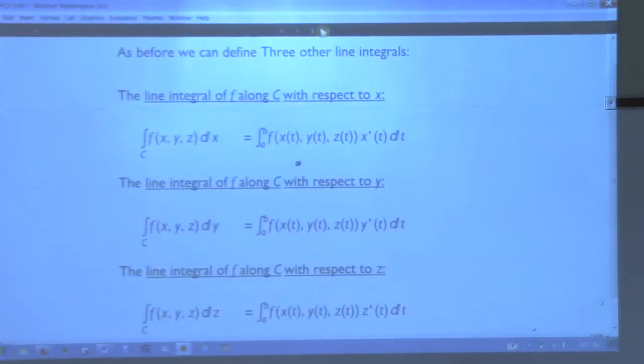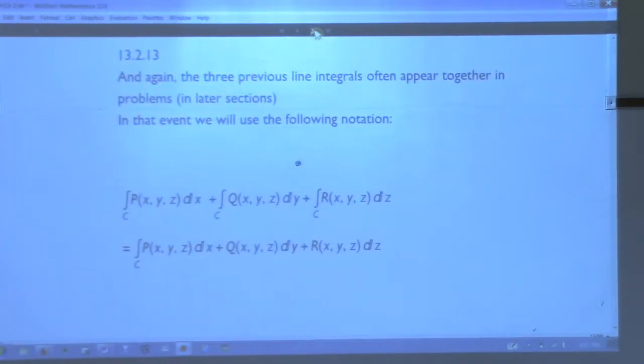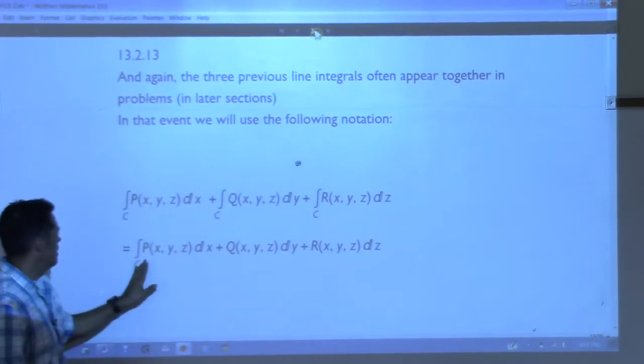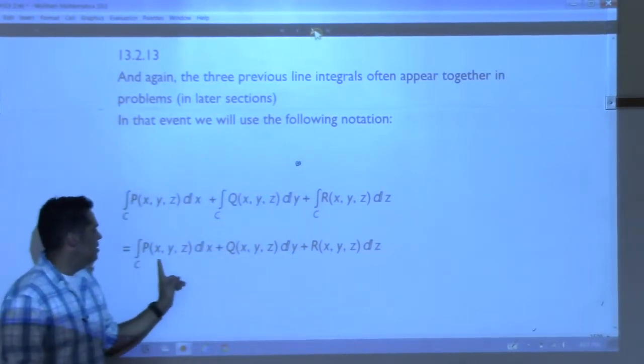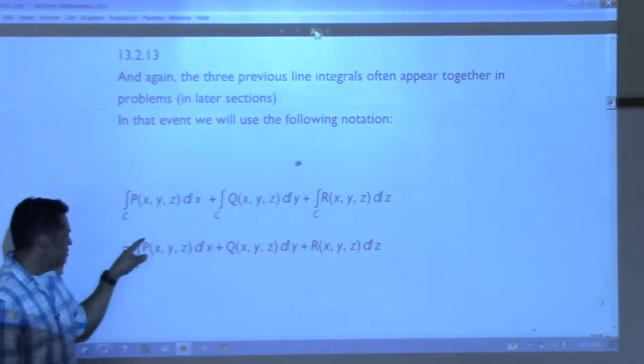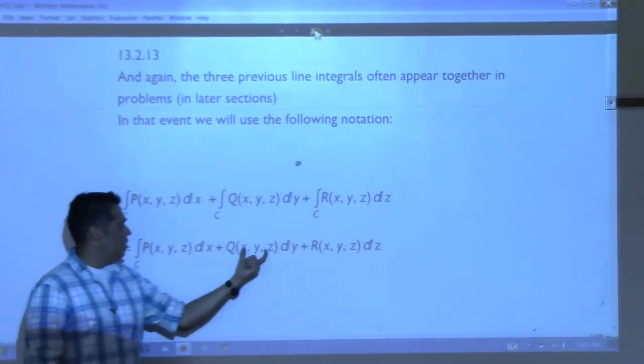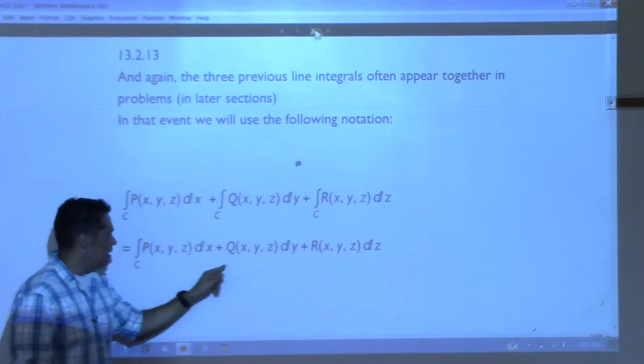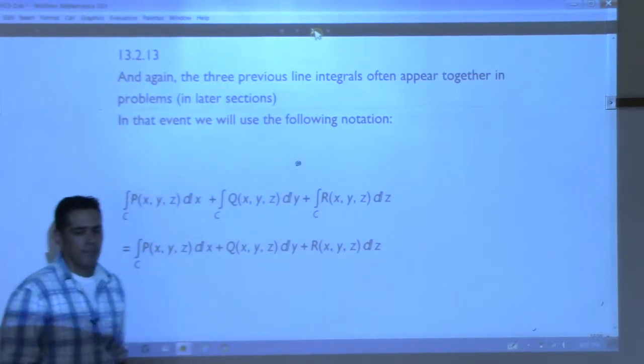And just like before, these three will often appear together. And so if we ever see all 3 of them together, this is the notation we'll use. So just one integral symbol, then all 3 within the integrand, even though we have with respect to x, y, and z separately.